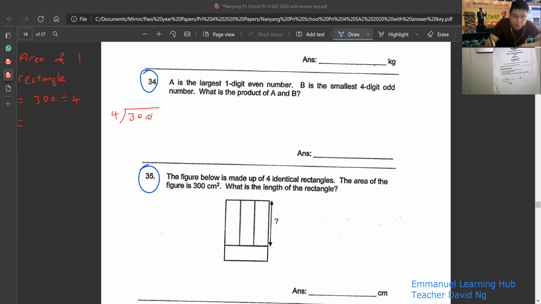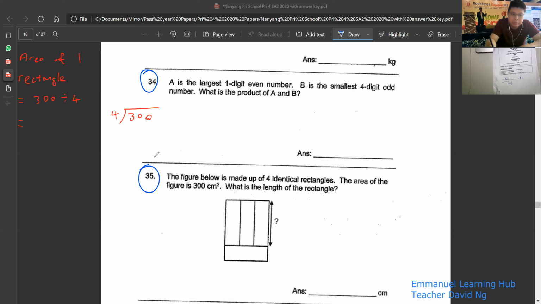No. Divide by 4. 15? 1500? No. You know how to do division, right? 300 divided by 4.